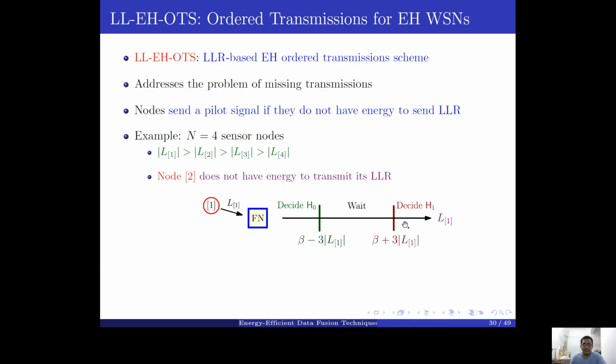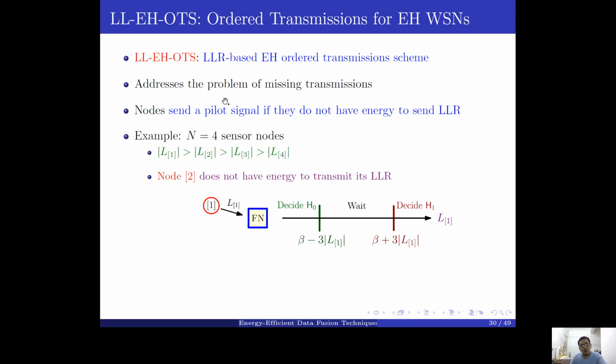And this brings us to the first contribution which we made for ordered transmission with WSNs. We propose a new ordered transmission scheme called LLEH-OTS, whose full form is LLR-based energy harvesting ordered transmission scheme, which can address the problem of missing transmission.